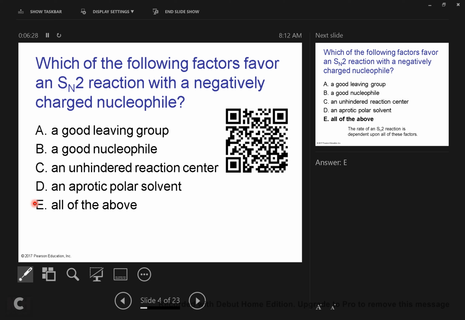Does it scan? Yes, it does. Okay. So what's the answer?